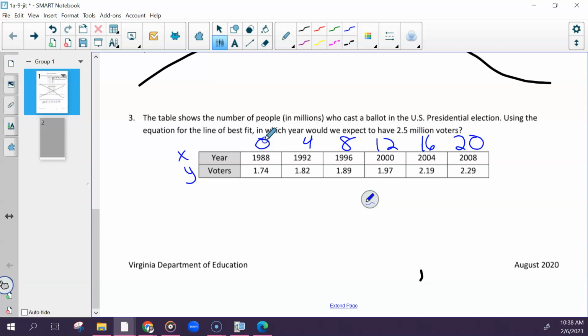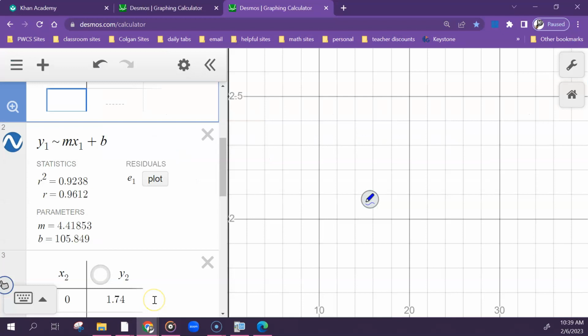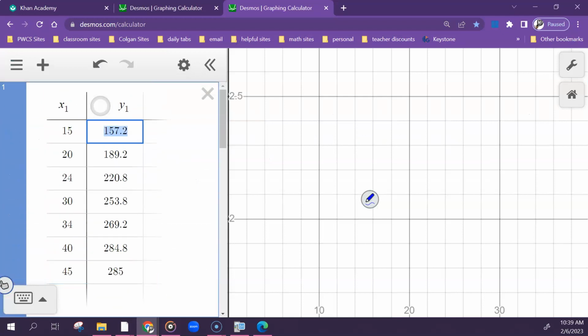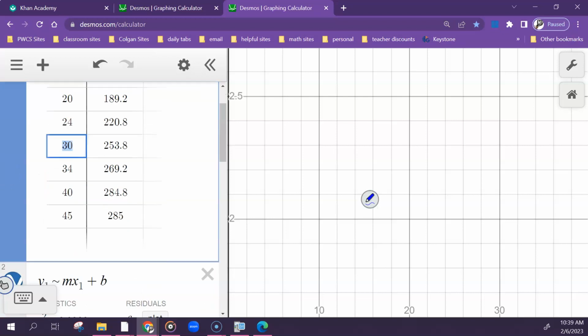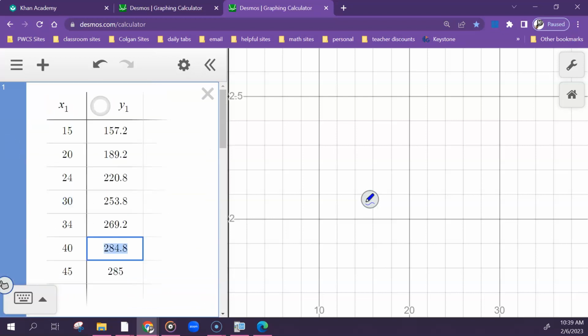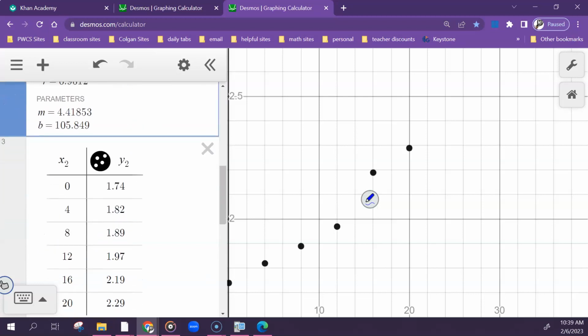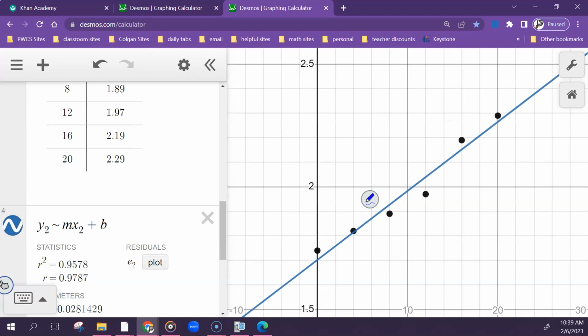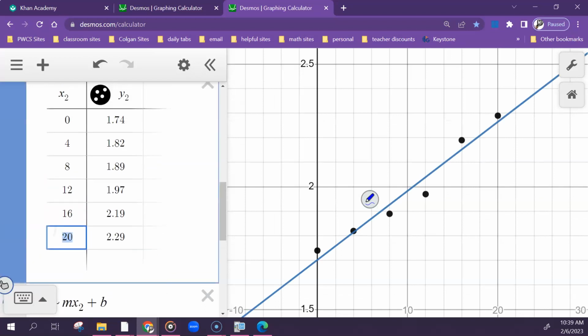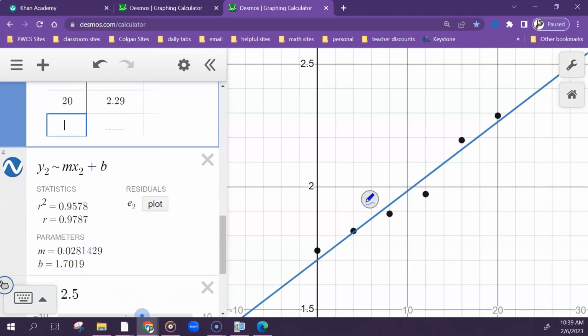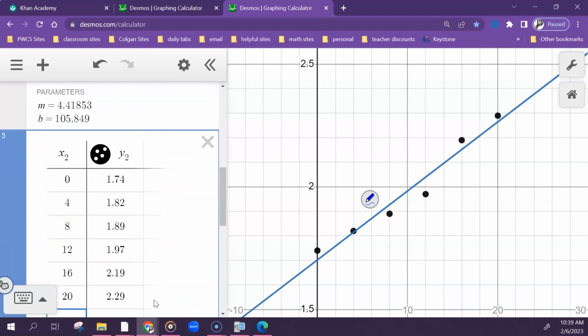You would put that into your L1, L2 in the calculator or in your Desmos list. Okay, so as we put those data points in, and I type in my new equation, because I have a second table, I was telling you about this the other day, you just didn't see it.